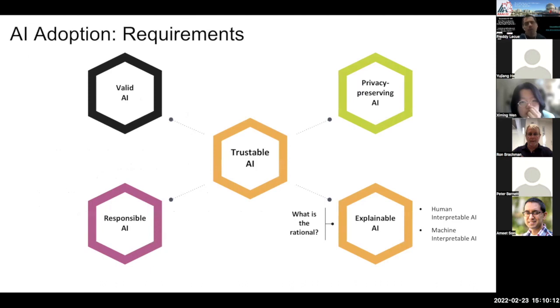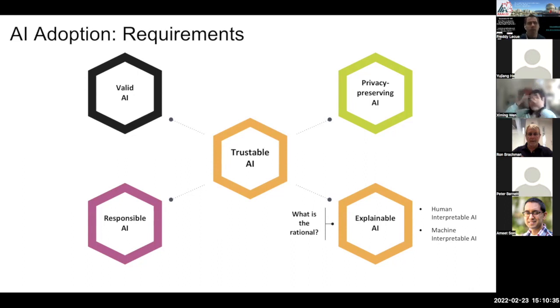So just to take a step back, explainable AI is really part of a broader vision of what AI should be. If you think long term about stakeholder adoption, business adoption across industries, it's this umbrella of trustable AI.